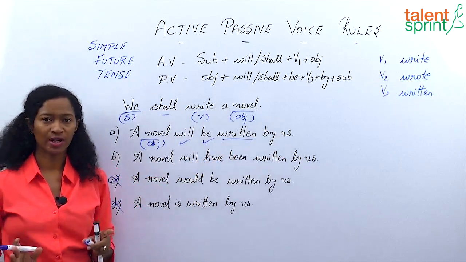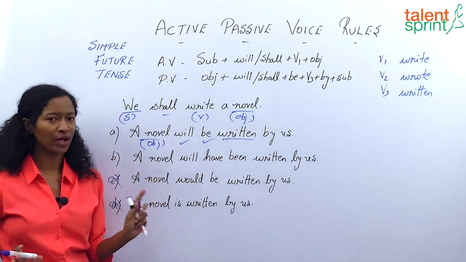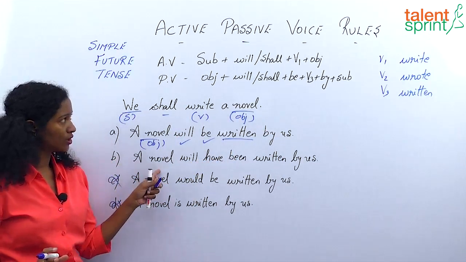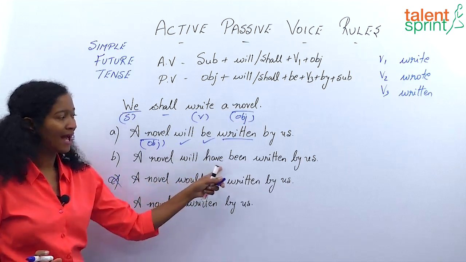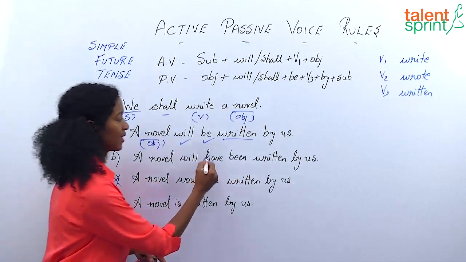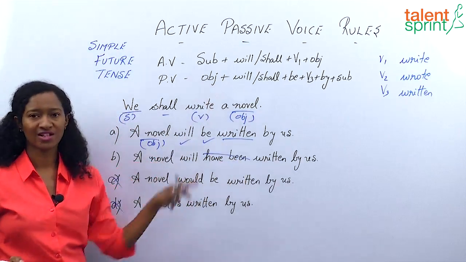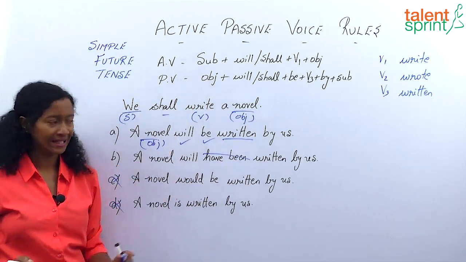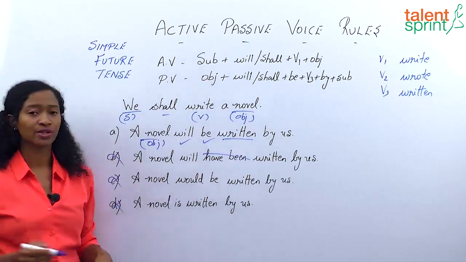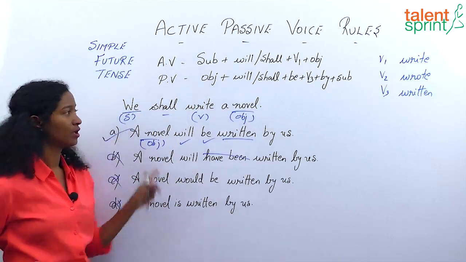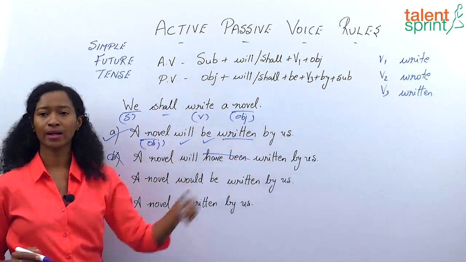Seems like option A is our answer, but let's take a quick look at option B. A novel will have been. So this is an incorrect structure, incorrect form that does not follow what we need. So I will eliminate option B and the answer is option A. A novel will be written by us.